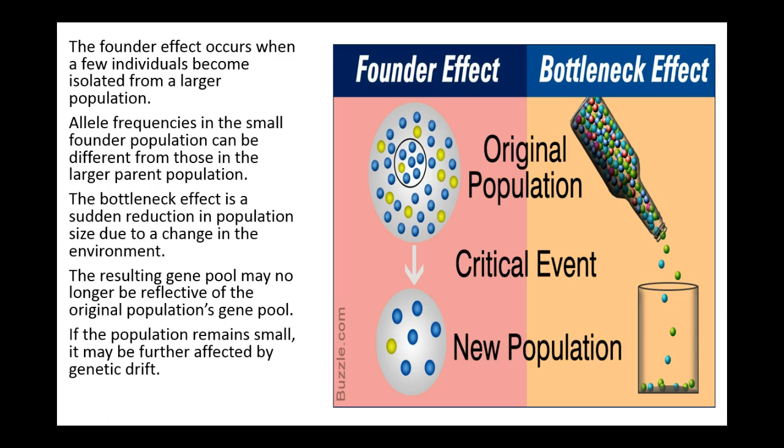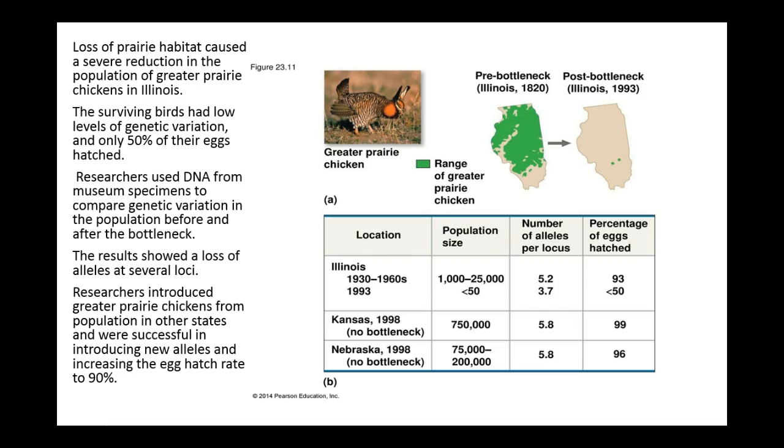If the population remains small, then you're going to have further effects of genetic drift, further effects on the gene pool. The variety of the gene pool might become smaller and smaller. A small variety in the gene pool is generally not a good thing, because you don't have the capacity for adaptability.